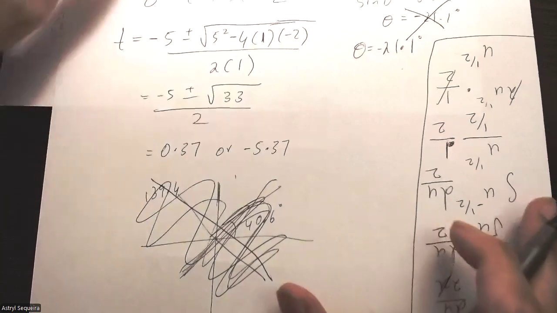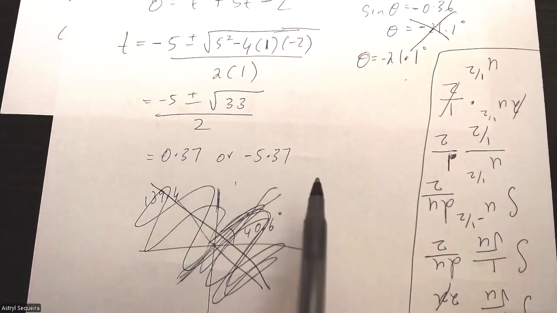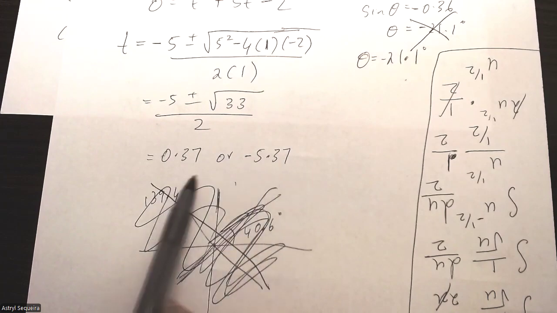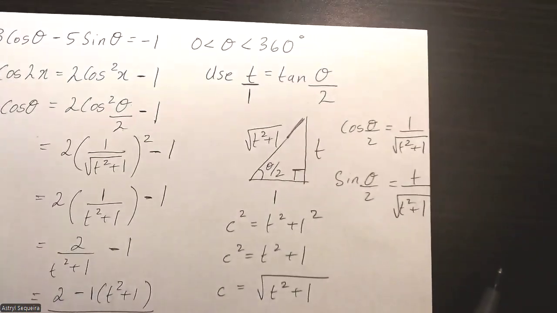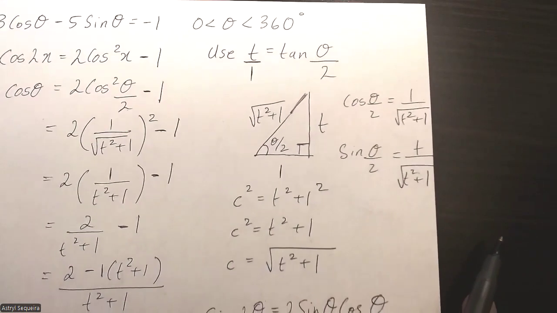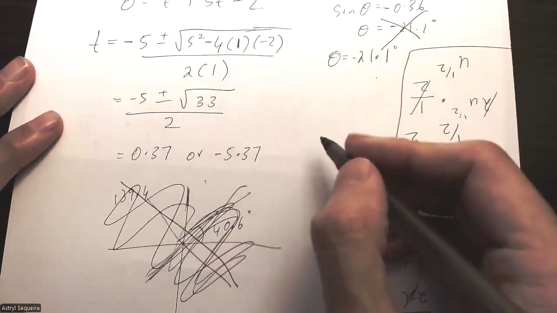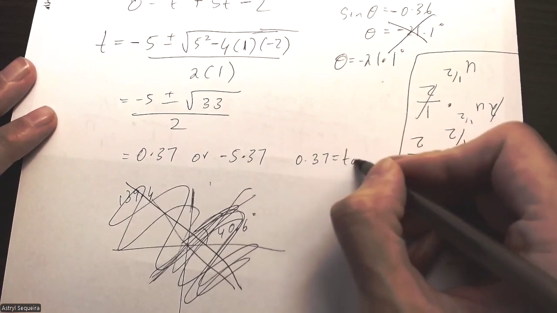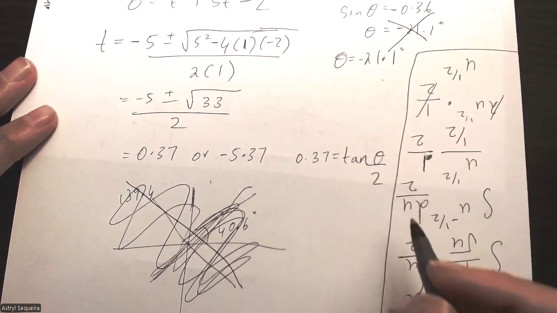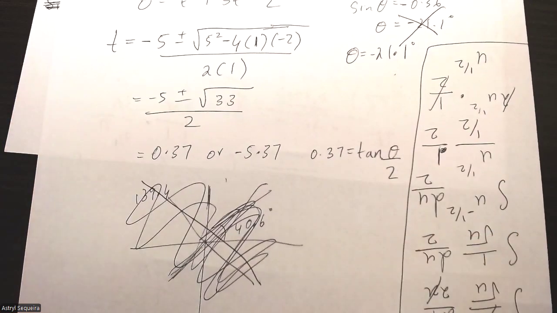Finally, we're just going to use our tan equation once we get our solutions for t. Tan is actually the best equation to use because that's the one given in the question. So t equals tan of theta over 2. So 0.37 equals tan of theta over 2. I'm going to do the tan inverse of this.